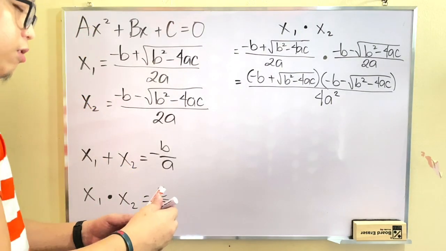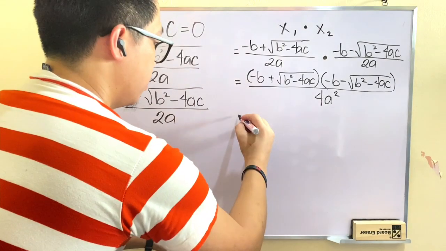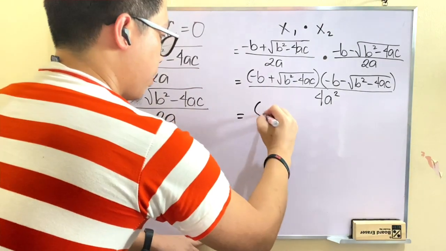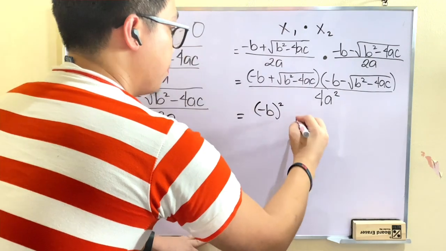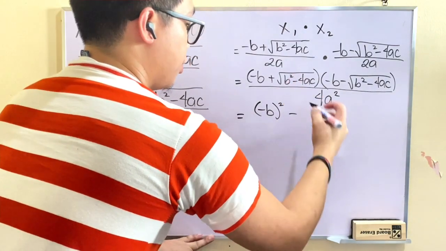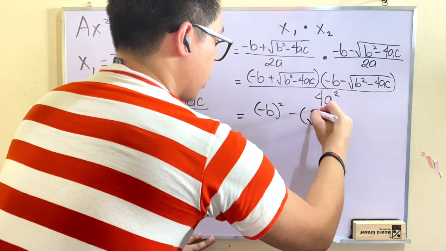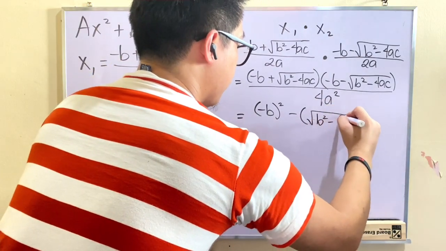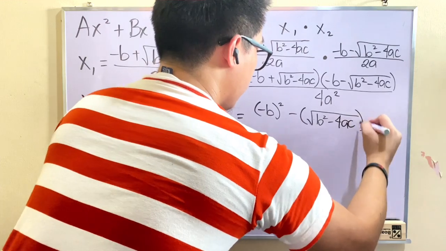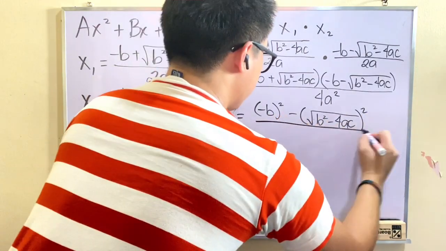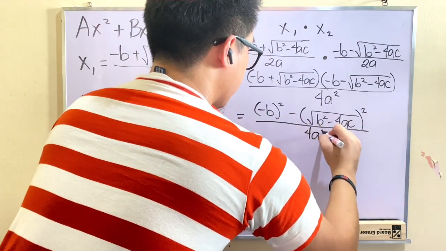Paano bang gagawin natin doon? So, square of the first term minus square of the last terms, which is square root of b squared minus 4ac quantity squared divided by 4a squared.